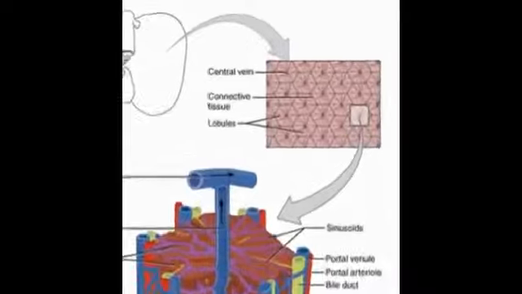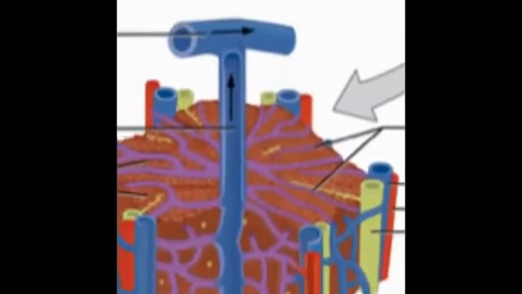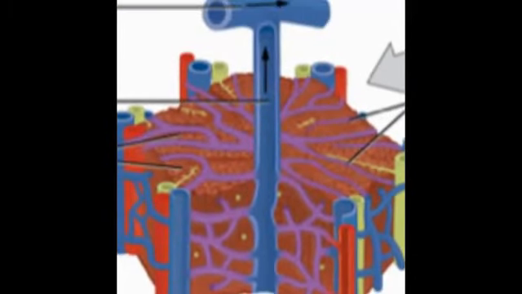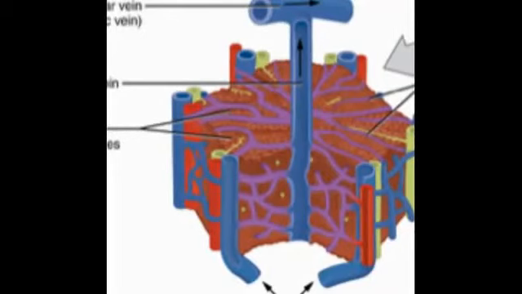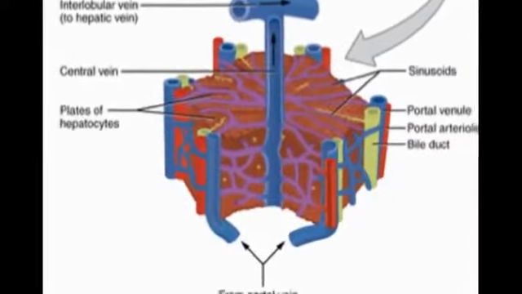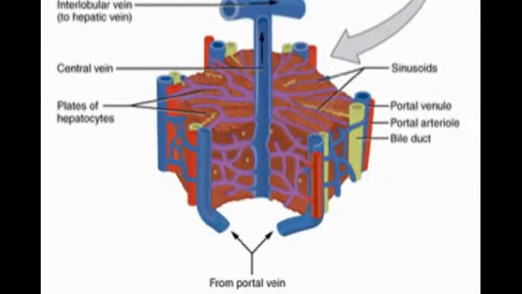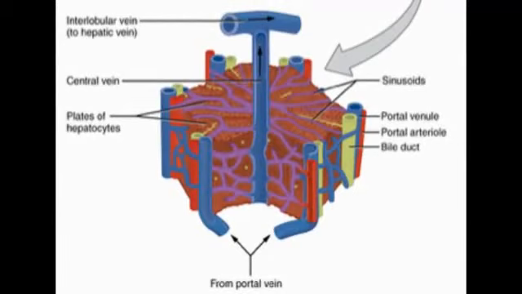In the middle of the lobule, we have the hepatic vein, and around it is surrounded by the branches of the portal vein. As I told you, this is the flow of non-oxygenated blood, but full of nitrogens.